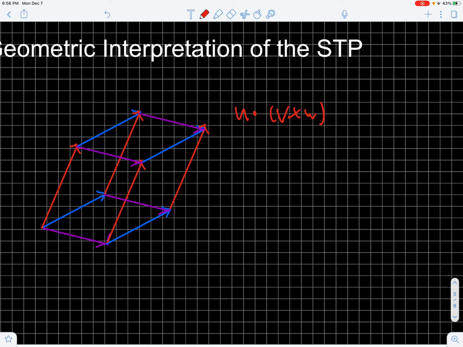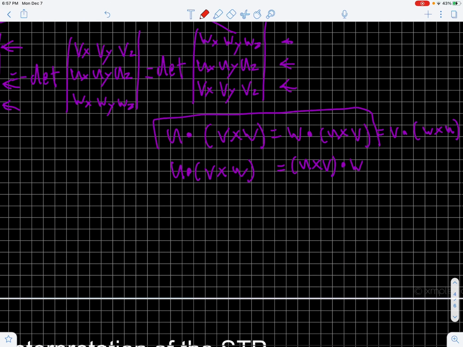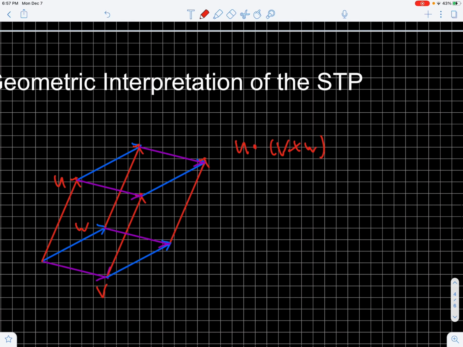Your book has it written like this one is u, this one is v, and that one is w. Oh, no, there is no significance to the order. I just told you guys that when I did this whole thing. Ignore me. We know that the absolute value of u dot v cross w is equal to the volume of this thing. So that's kind of helpful.